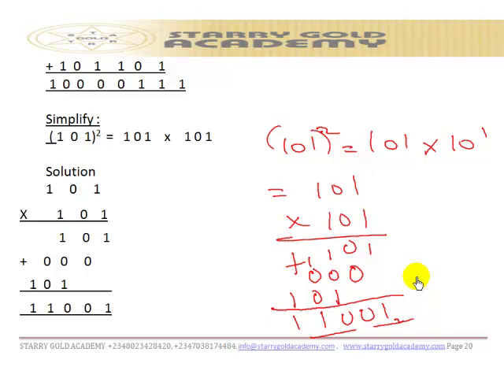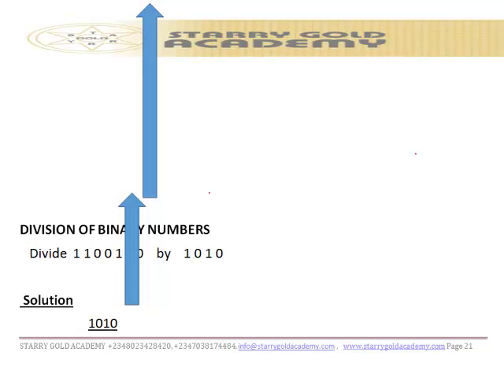This is simple because it's like normal multiplication that you are already familiar with. The only challenge is that if you don't know how to multiply correctly, you have to practice thoroughly so that this topic won't be a challenge to you. Now let's move to the one that scares students most: division of binary numbers. When students see division, they get scared.